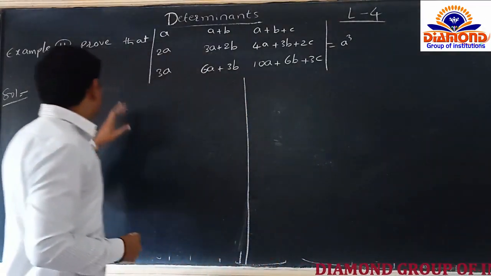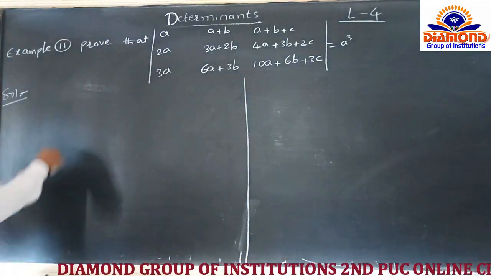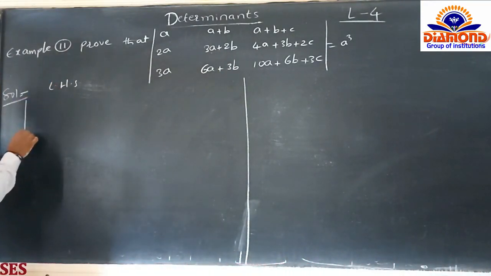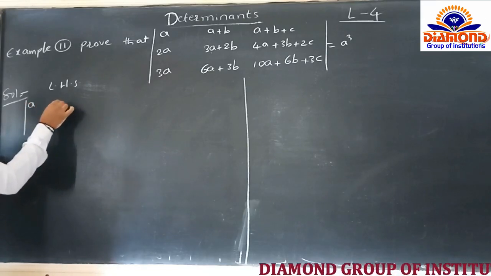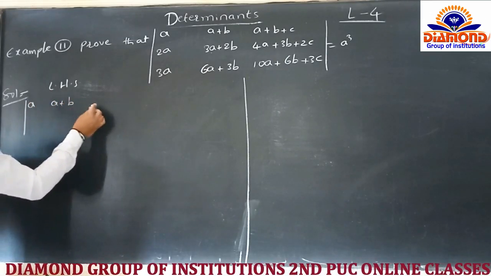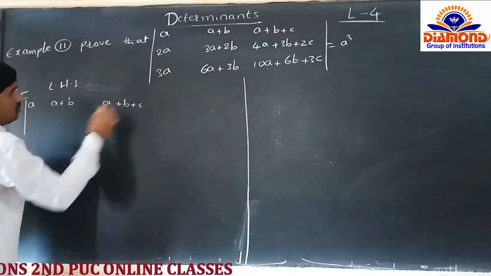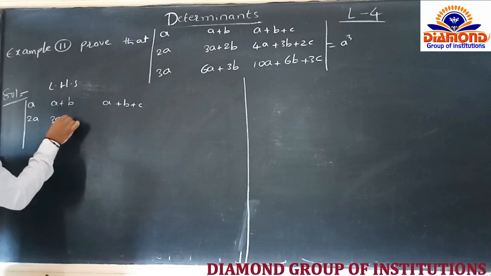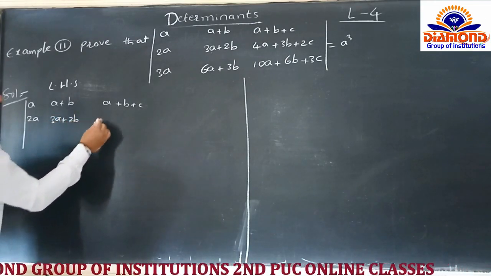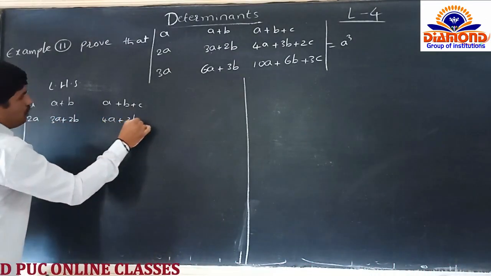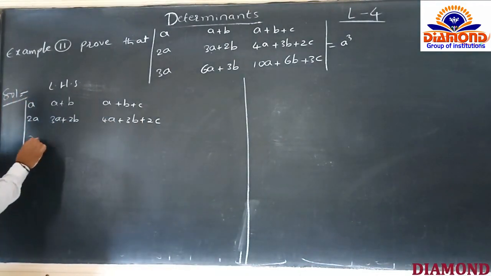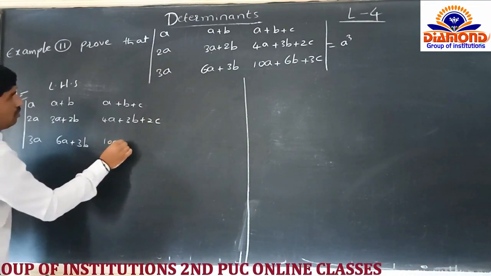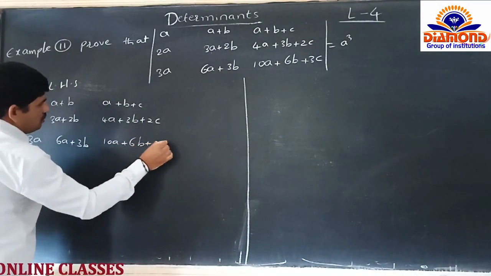We take example 11, and on the LHS I take the determinant with rows A plus B, A plus B plus C, 2A; 3A plus 2B, 4A plus 3B plus 2C, 3A; 6A plus 3B, 10A plus 6B plus 3C.